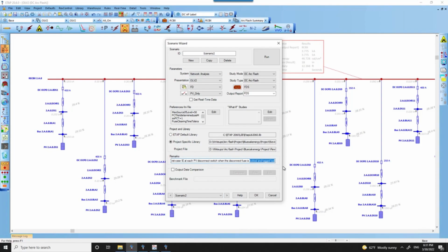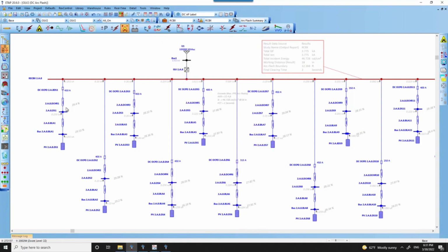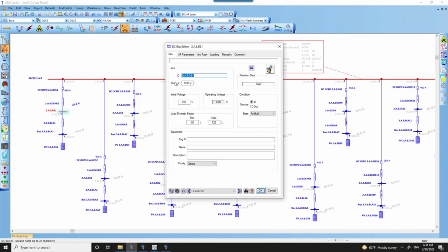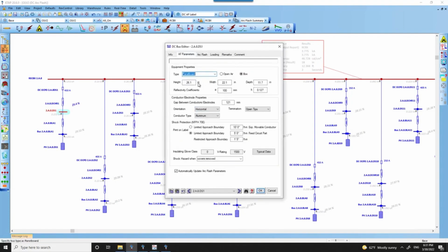So the biggest challenge was we did have the actual height, width, and depth of the particular fuse disconnect as well as the recombiner box. However, we were focusing on the worst case incident energy that the Stokes method could give us in order to establish the correct gap between the conductors.